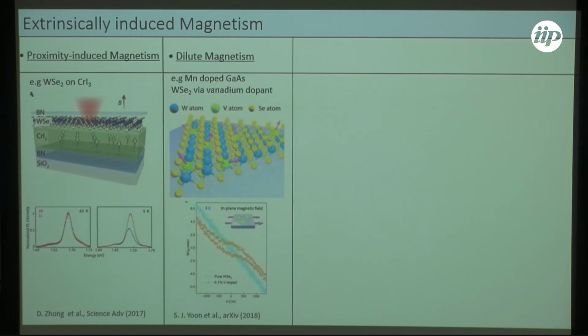The other method that people have been studying is doping with 3D atoms. For instance, calculations were showing that manganese could be quite nice for TMDCs, but there is already a report from last year showing that if you dope vanadium into tungsten diselenide, even with a concentration of 0.1%, you can observe magnetism at room temperature.